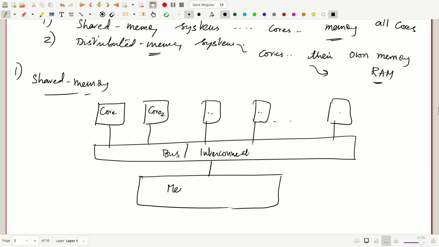So this is the memory, which can be accessed by all of them.